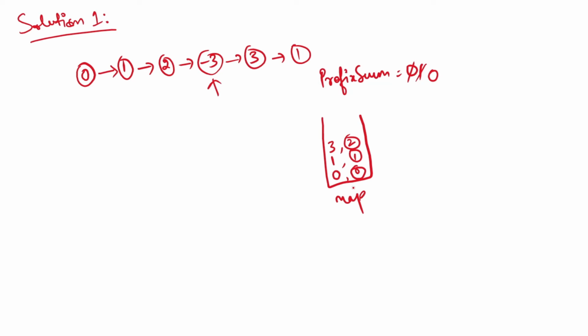If 0 is already present, I will move to this node, I will make it current's next. Now I will make one variable p which equals my prefix sum plus this value, it will equal 1. Now if you see, here our sum is 0, and here our sum is 0.